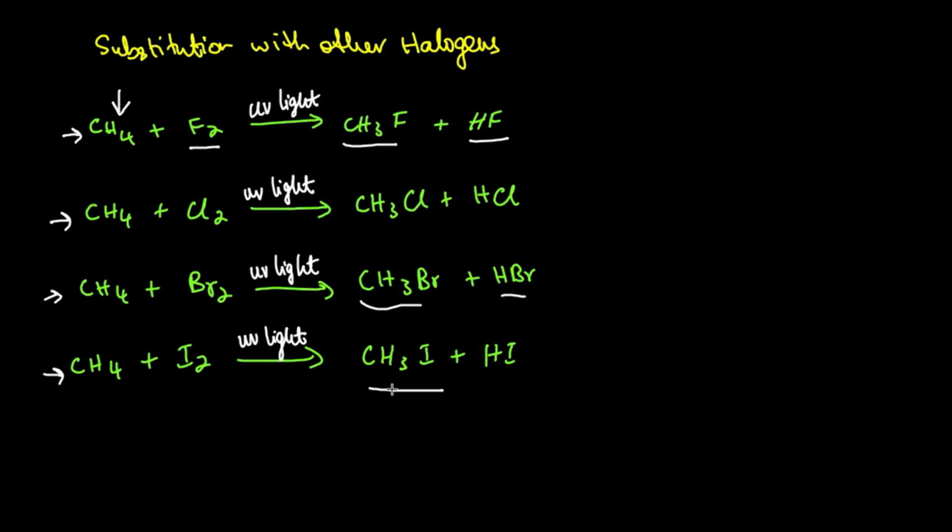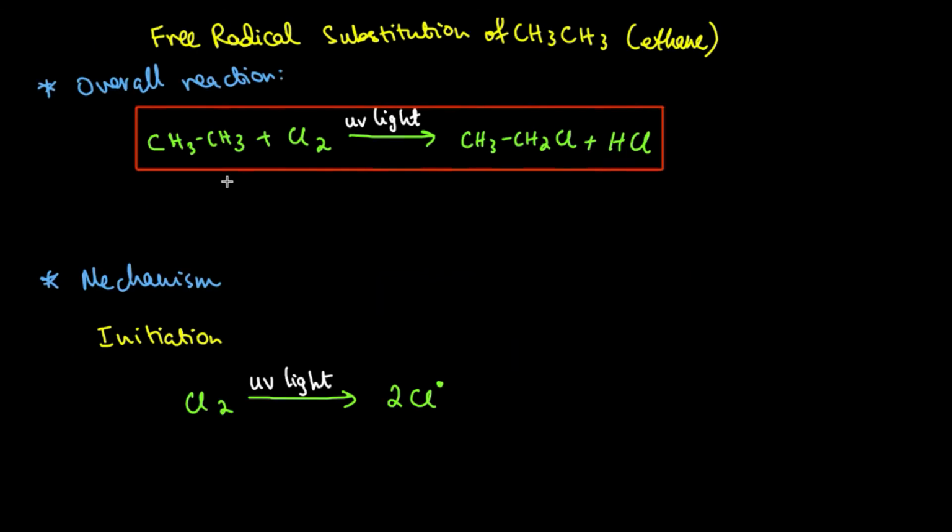Okay, now we did all these examples using only the first alkane of the series, which is methane, right? What if we use another alkane? What if we use ethane? Let's try that out, shall we? Now with ethane, this is what it would look like.